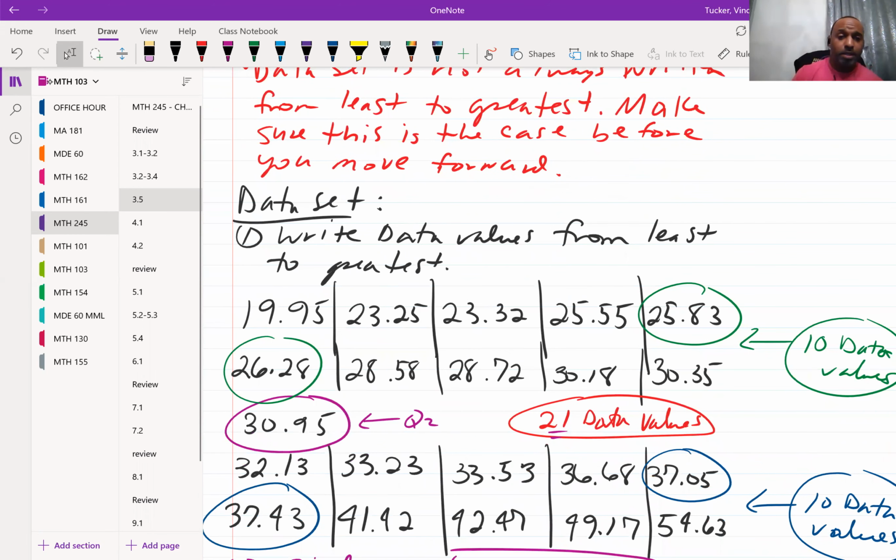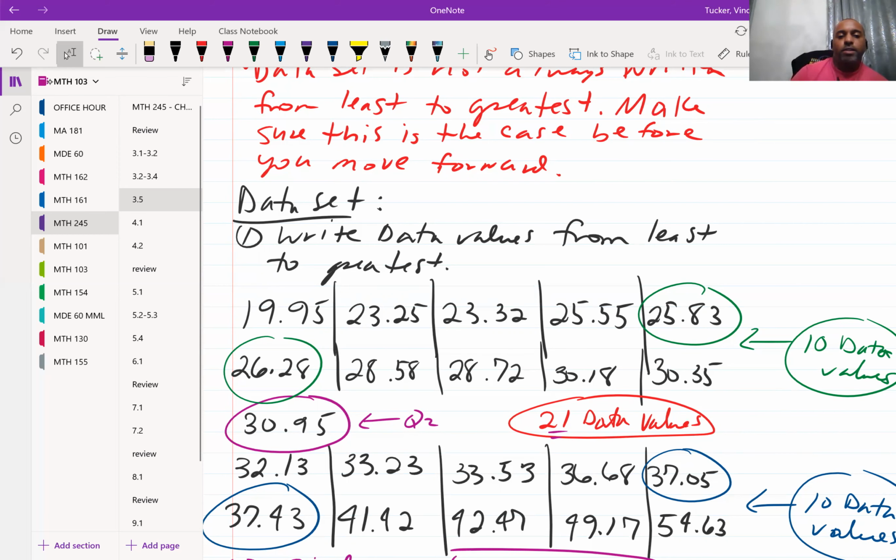So that's my data set right there. First step, write your data values from least to greatest. So that's 19.95, and there is a decimal in there for all of them. So 19.95, 23.25, 23.32, 25.55, 25.83, 26.28, 28.58, 28.72, 30.18, 30.35.